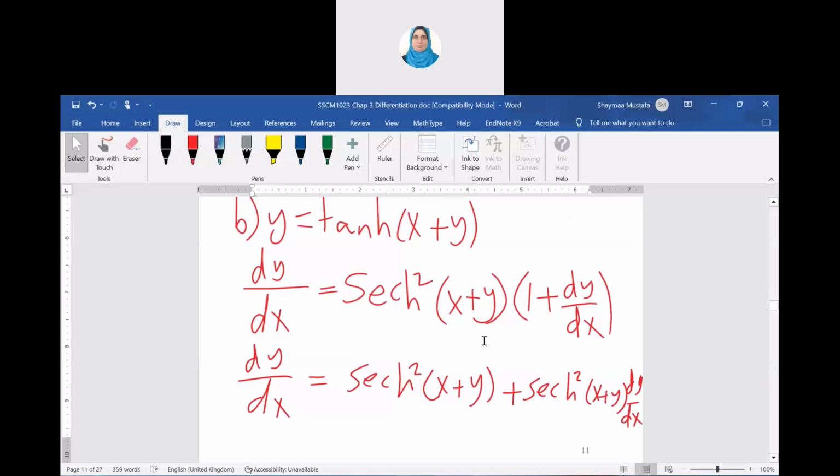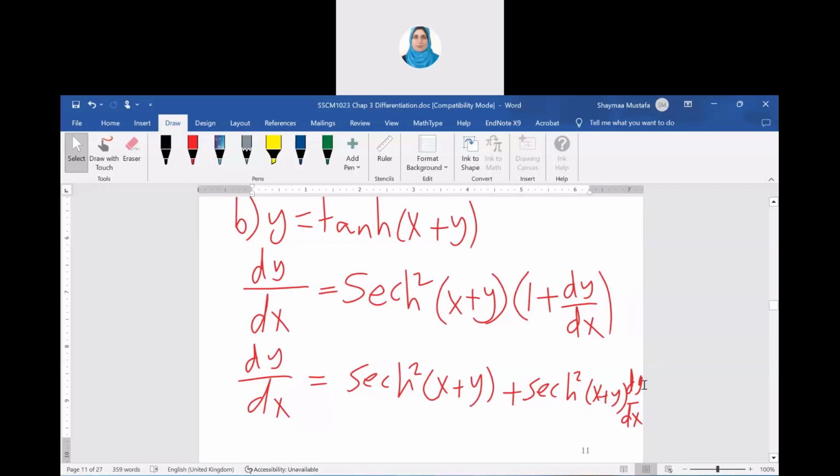I will distribute here. Sec square x plus y times 1 means sec square x plus y, and sec square x plus y multiplied by dy over dx. I distribute because I need to separate the terms that include dy over dx on one side and the term that does not include dy over dx on the other side.